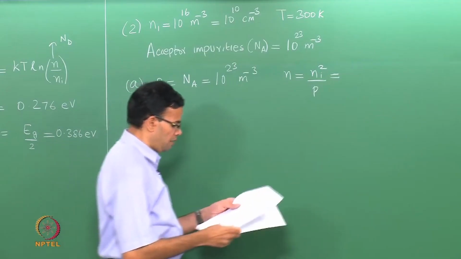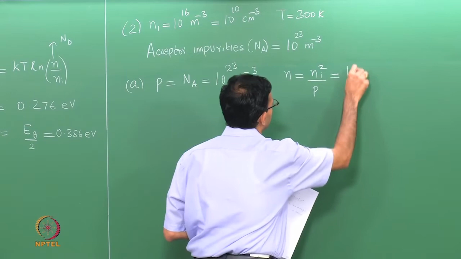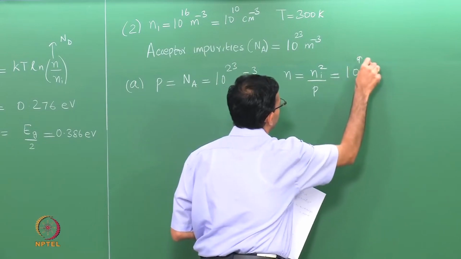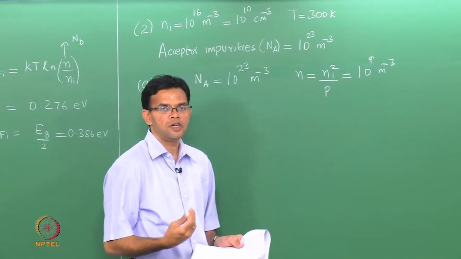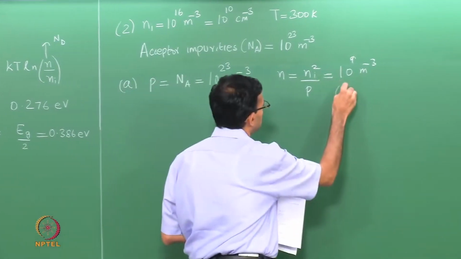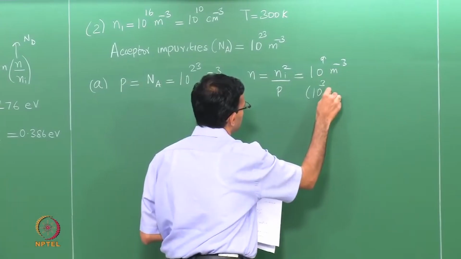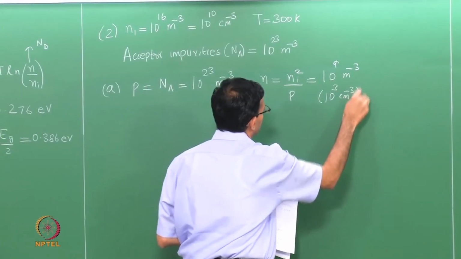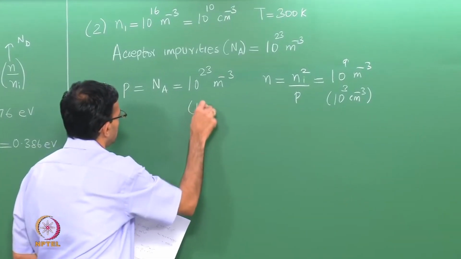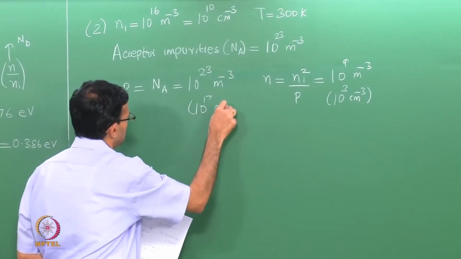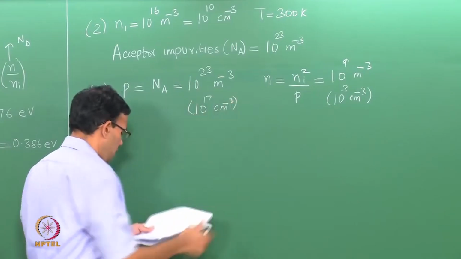So, we can do the numbers. N is 10 to the 9 per meter cube. If you want to convert these to centimeter cube, divide by 10 to the 6. So, this is 10 to the 3 per centimeter cube, and this is 10 to the 17 per centimeter cube.